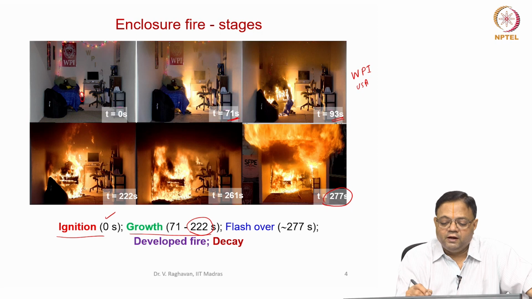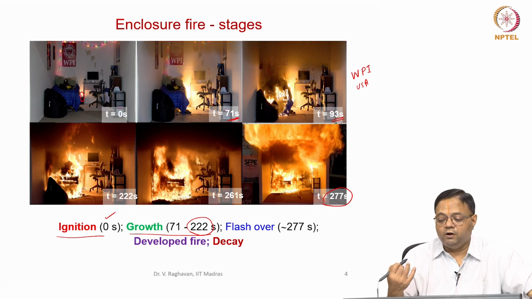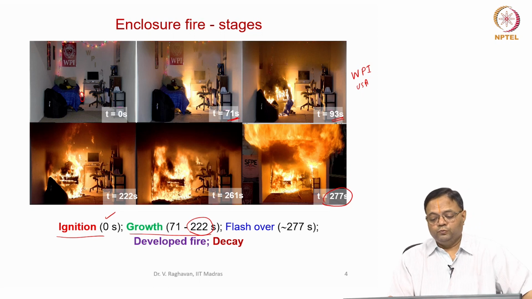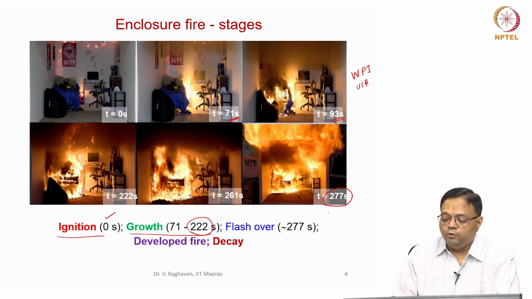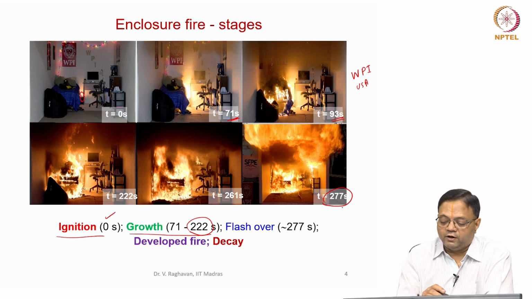So basically, when we are within about 70 to 100 seconds, if you detect the fire, evacuate the people and start sprinklers, etc., then the fire will not grow. But if you are not able to sense it, because the sprinkler doesn't work or the sensor doesn't work, then the fire continues.